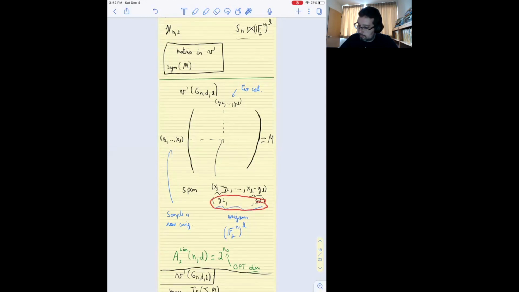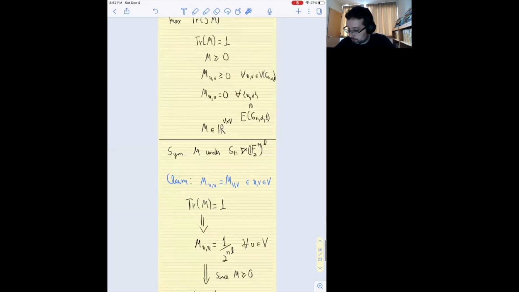Because for this given difference, this particular choice of Z1 all the way to ZL, we can generate it in 2 to the n times L forms.